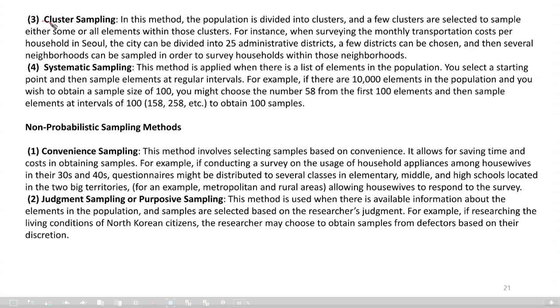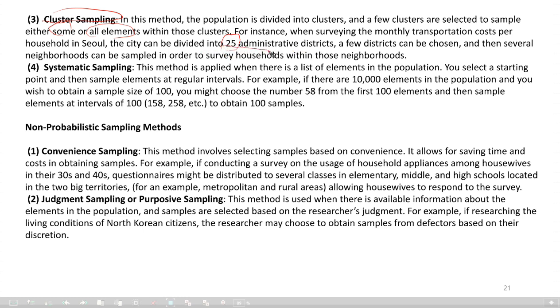Three, cluster sampling. In this method, the population is divided into clusters, and a few clusters are selected to sample either some or all elements within those clusters. Understand? For instance, when surveying the monthly transportation cost per household in Seoul, the city can be divided into 25 administrative districts.